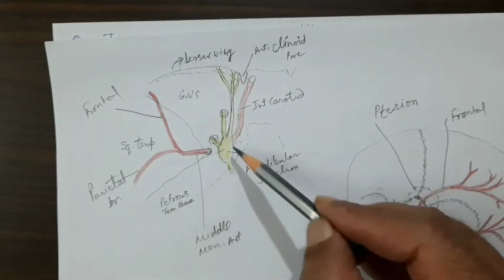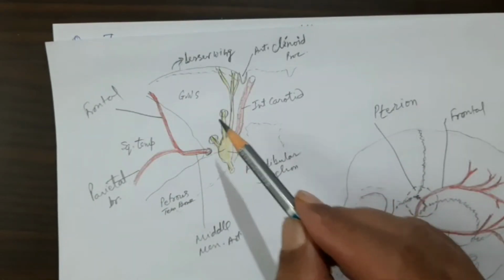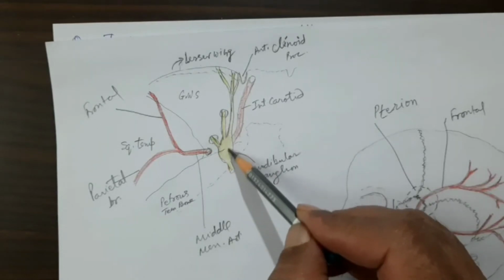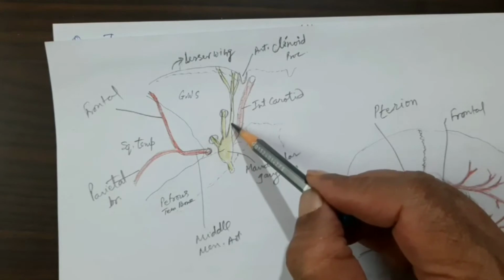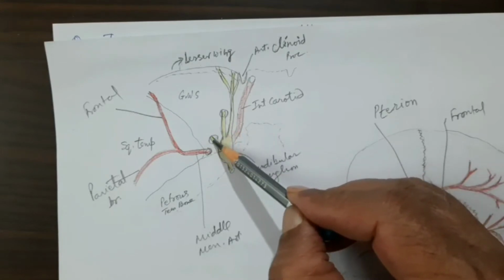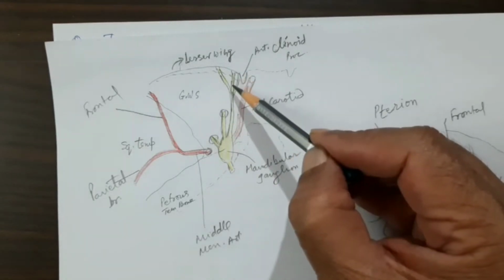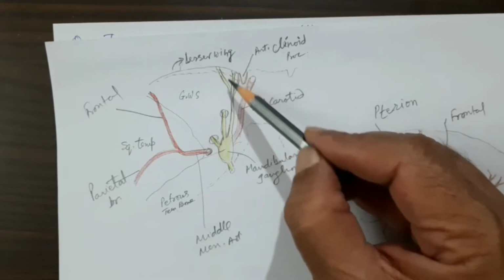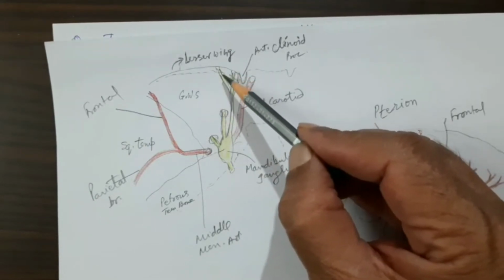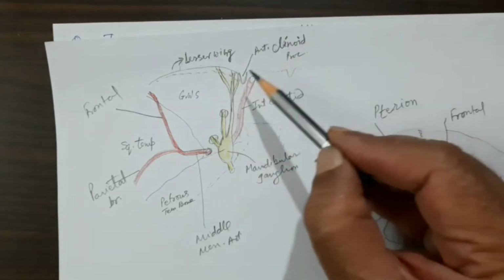It is the middle cranial fossa floor which we are seeing from above, in which this is the trigeminal ganglion, which will divide into three branches: ophthalmic, maxillary, and mandibular. And here the branches of the ophthalmic, nasociliary, frontal, and lacrimal, are entering the orbit through the superior orbital fissure.